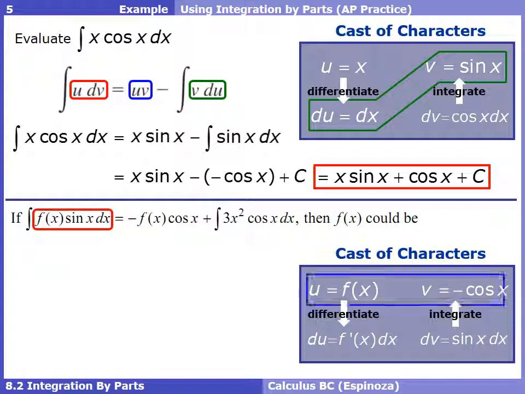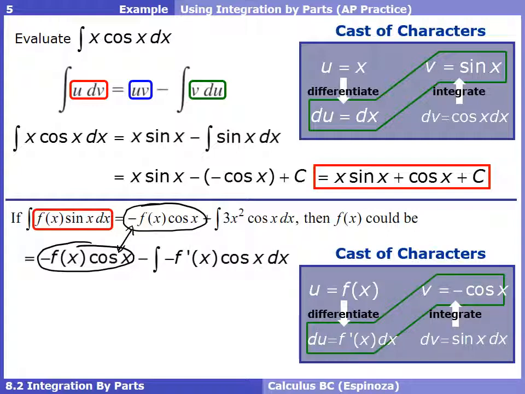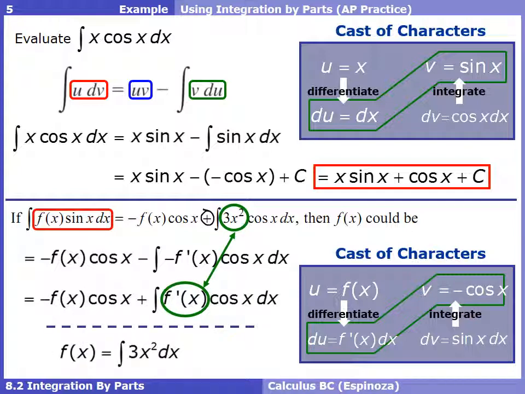We need to next take u times v. And you'll notice u times v gives us exactly what we see right here in our problem. Negative f of x cosine x matches up perfectly. So we definitely know we're on the right track. Be careful, we need to subtract in the formula. I know there's a plus here, but we'll address that in a second.